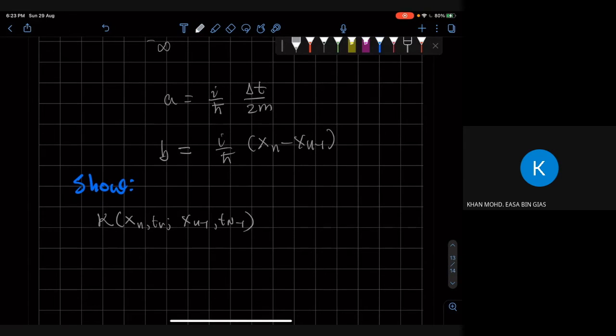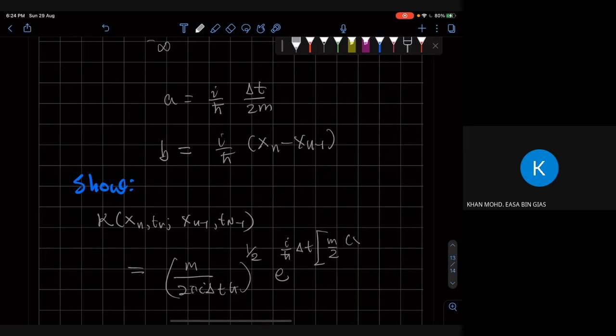This becomes square root of m by 2 pi i delta t h bar, e to the power i by h bar delta t, m by 2 times (xn minus xn minus 1) squared by delta t squared.